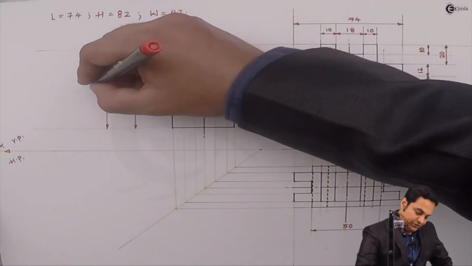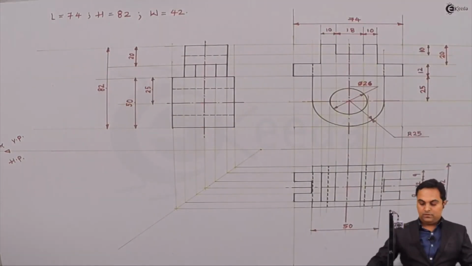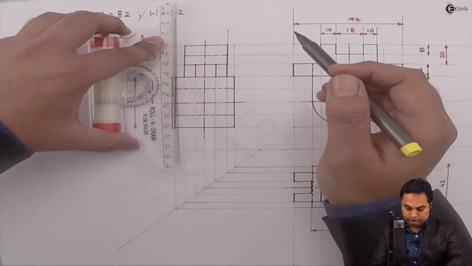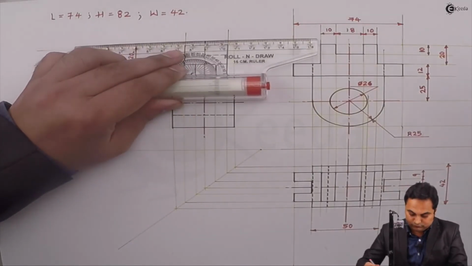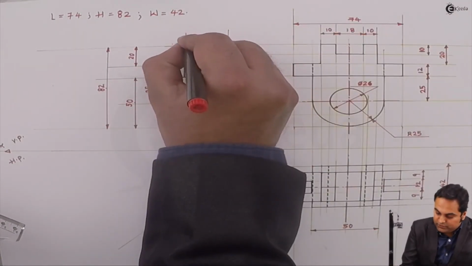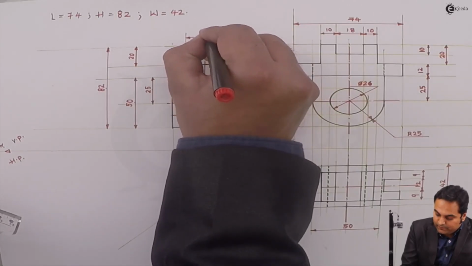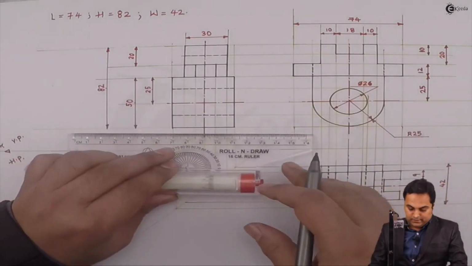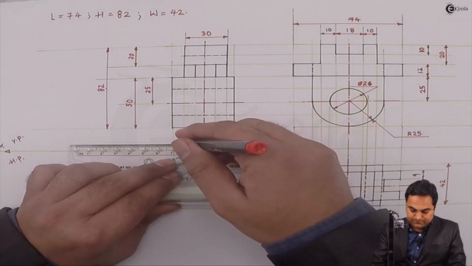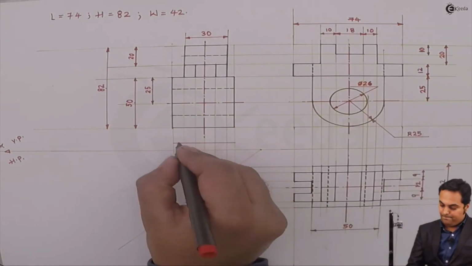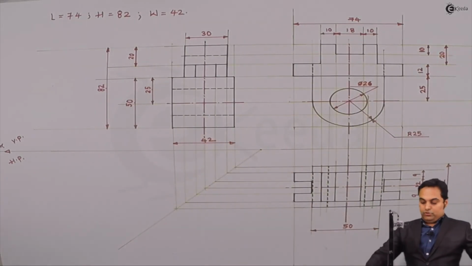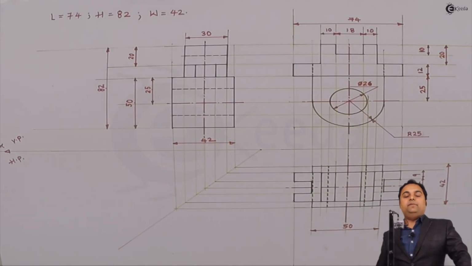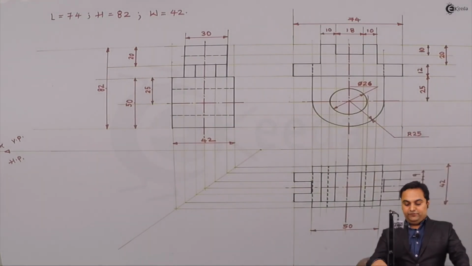And the total height is 82 mm. This width is 30 mm, and the total width is 42 mm. So once I have given the dimensions, completed the front view, top view, and right hand side view by the first angle method of projection, giving the dimensions, with this we complete the problem.